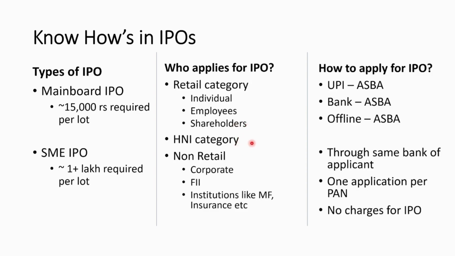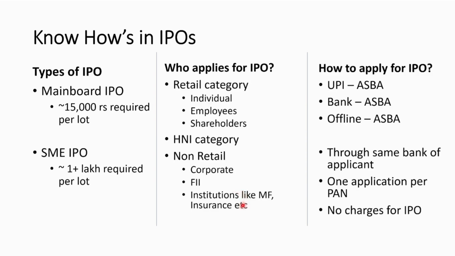And the HNI category is the one where the value of the investment application is more than 2 lakh rupees. That we call HNI. And apart from retail and HNI, there are anchor placements, corporate investments, foreign institutional investors, even mutual funds and insurance companies.